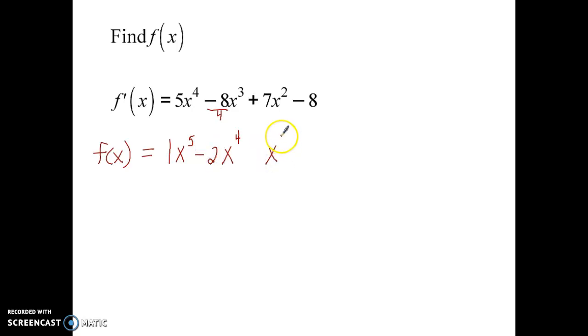My third term would be x cubed, and I would take that 7 divided by 3, so I just will leave that as a fraction, 7/3. And then my fourth term, keep in mind that's x to the 0, so now it's x to the first, negative 8 divided by 1 is just negative 8, followed by a plus c.